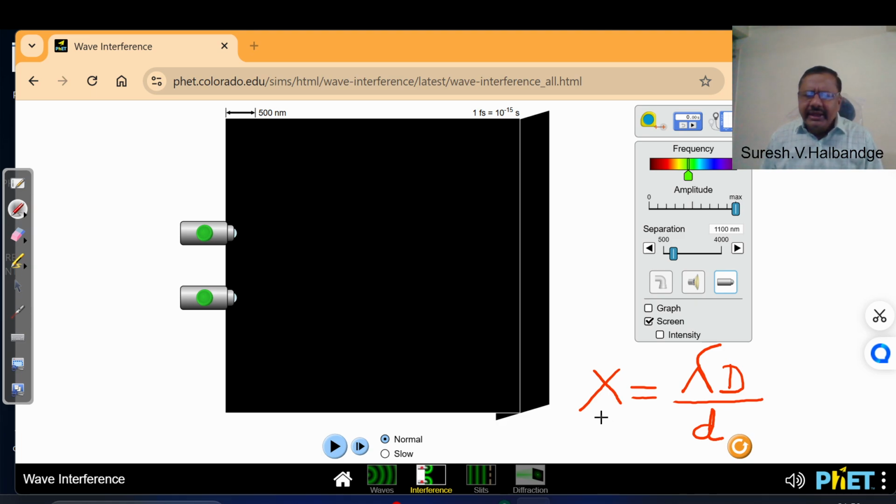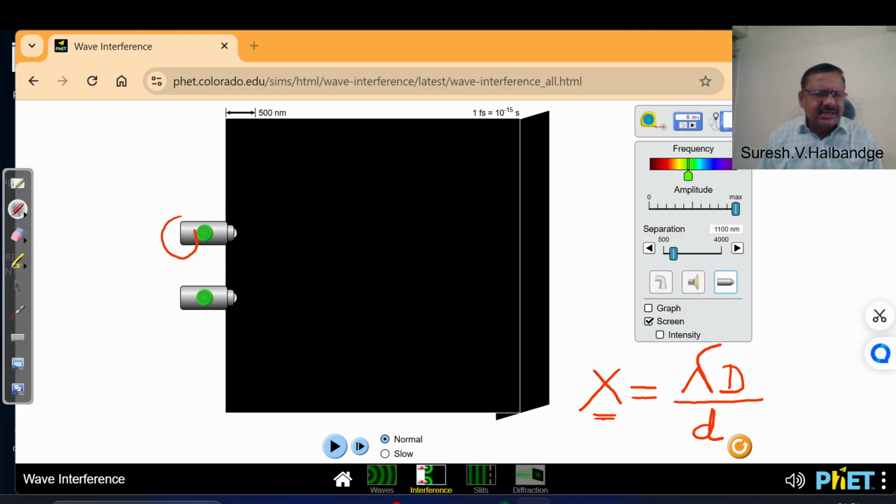Now here X stands for the bandwidth, lambda stands for the wavelength of the light used, capital D is the distance between the source and the screen. Now here we observe that this is the screen. These two will act as the coherent sources.